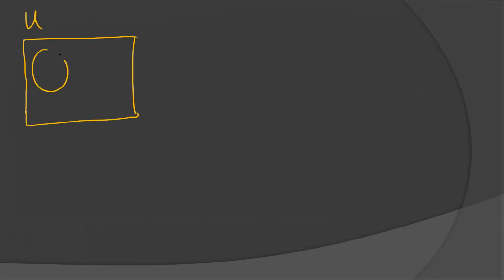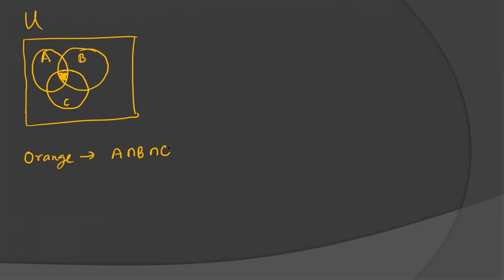This is your A set. This is your B set. And this is your C set. This portion, orange color, is representing here A intersection B intersection C.